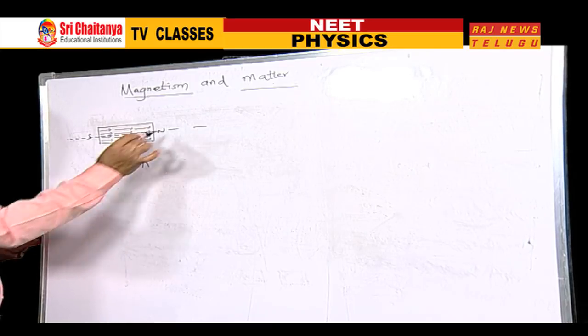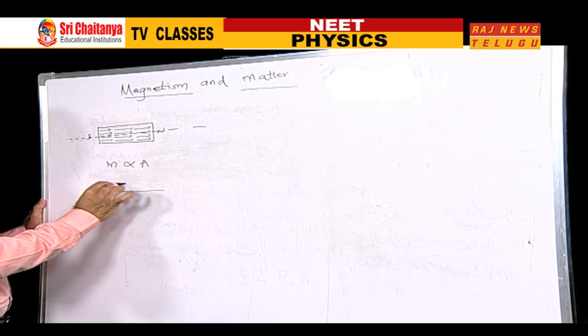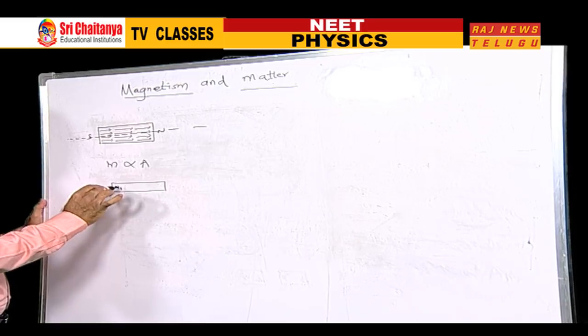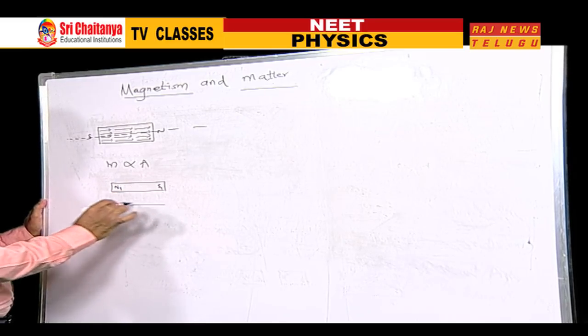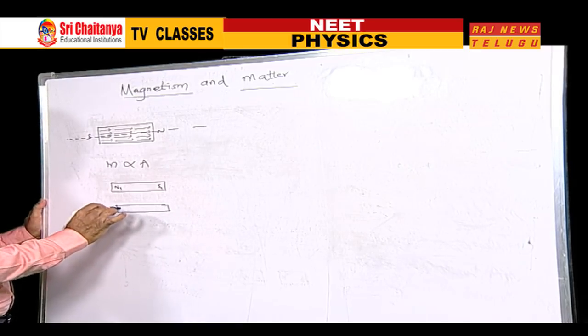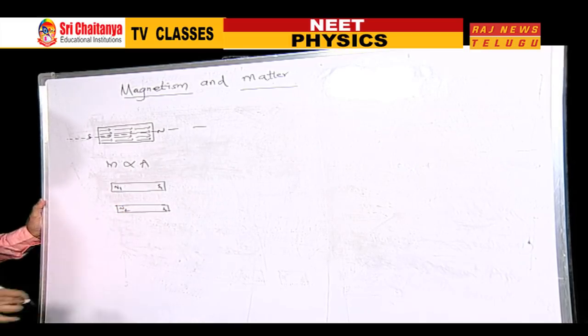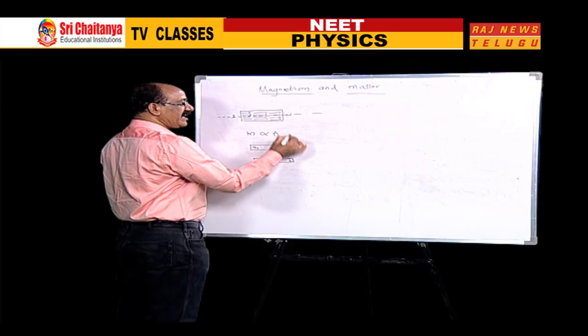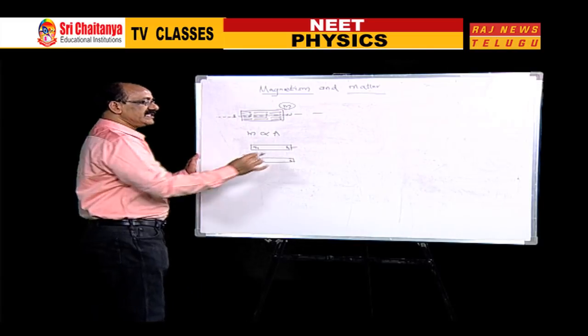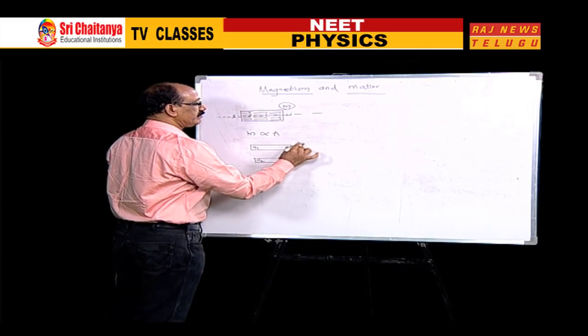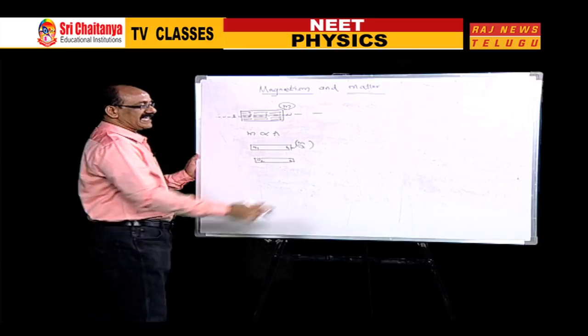In this particular case, this piece has magnetic poles N1, S1, and this piece has magnetic poles N2, S2, if you consider. As the area is halved, if the magnetic pole strength of the original is M, this becomes M by 2, if you cut it along the axial line.